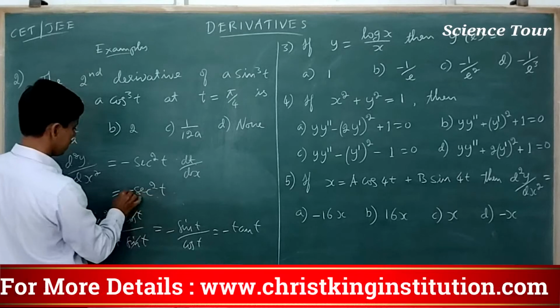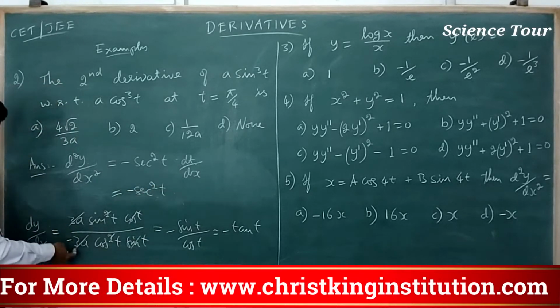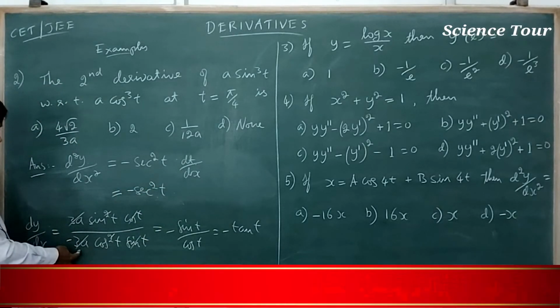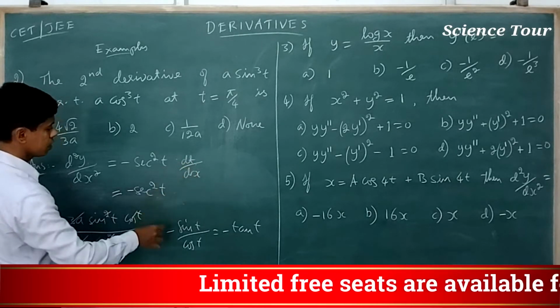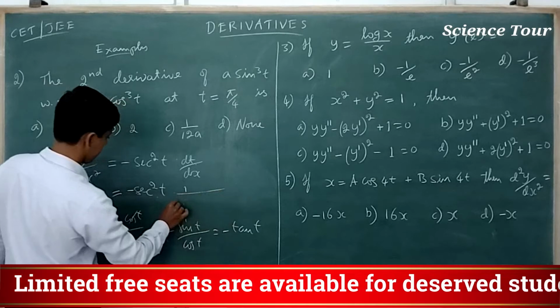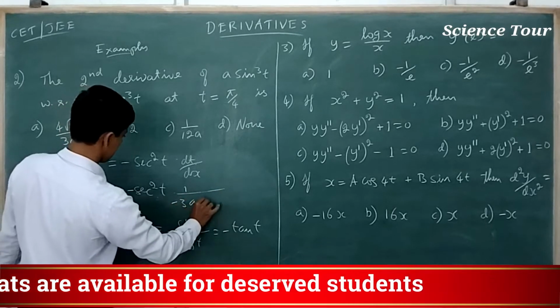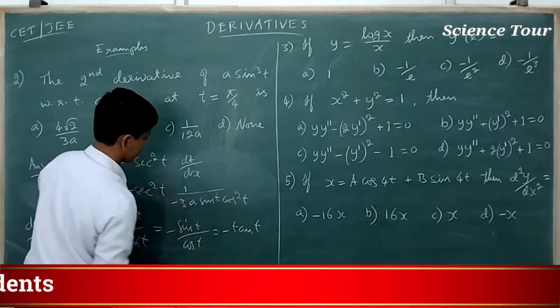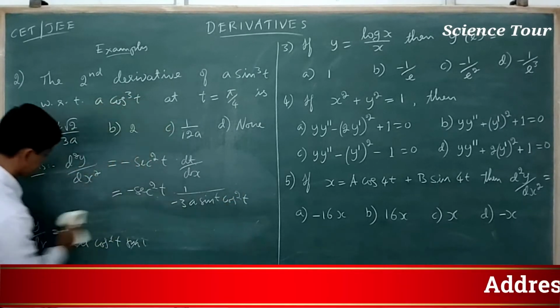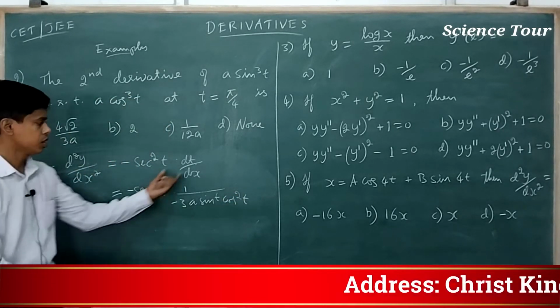So what is dt by dx? You know dx by dt is minus 3a cos square t sine t, so you have to write the reciprocal of it, so 1 by minus 3a sine t cos square t. I hope you understood this.